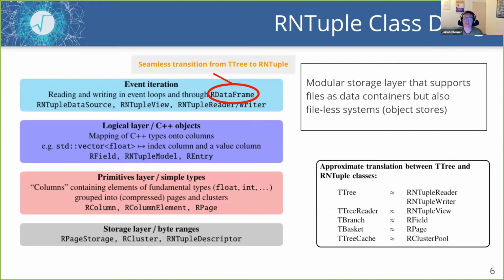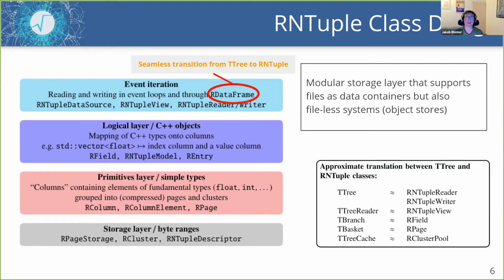So a little bit on the class design. The RNTuple has several layers for the data access. At the very low level there's a storage layer, so that we can read and write byte ranges, on top of which there's a primitives layer. The primitives layer represents storage-backed columns, very large arrays of fundamental types, floats, ints, that are grouped into pages and clusters.